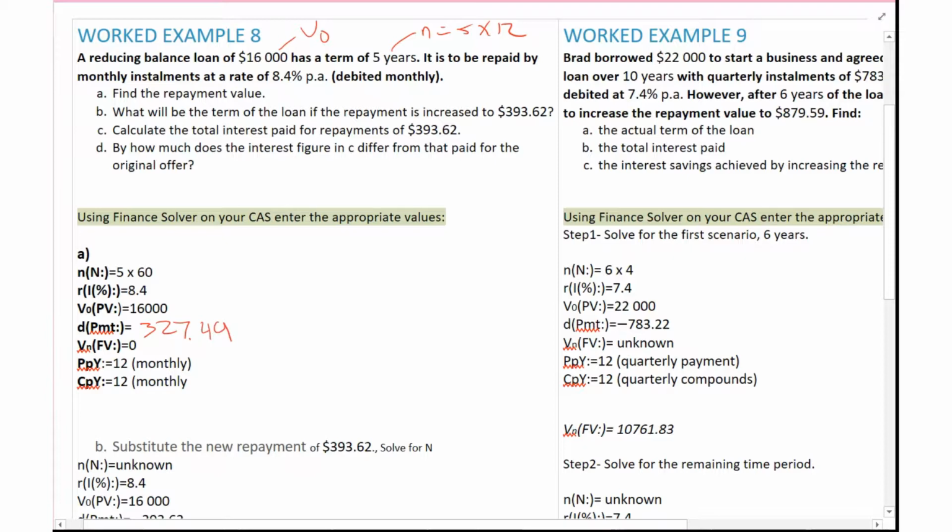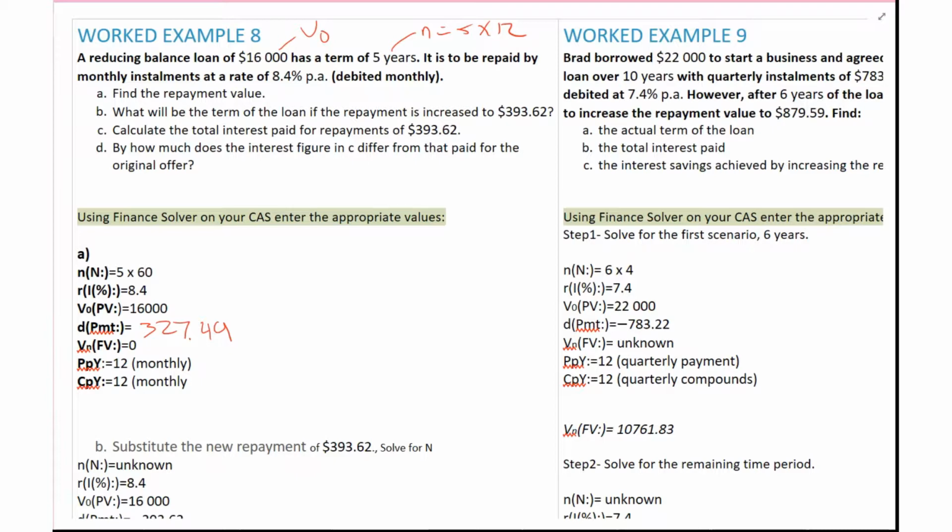327.49. If you're doing this using the book as a guide, they're using the rearranged version of the annuities formula, so it's in terms of D. But you can just as easily do it on a finance solve, and it's probably actually easier.